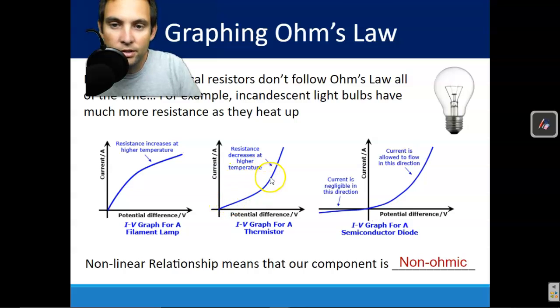So resistance goes down and our current is allowed to go up exponentially. The IV graph for a semiconductor diode controls the direction of the flow of current. Current is negligible in this direction. Meanwhile, current is allowed to flow in this direction. Not linear relationships, not ohmic. Non-ohmic, in fact.